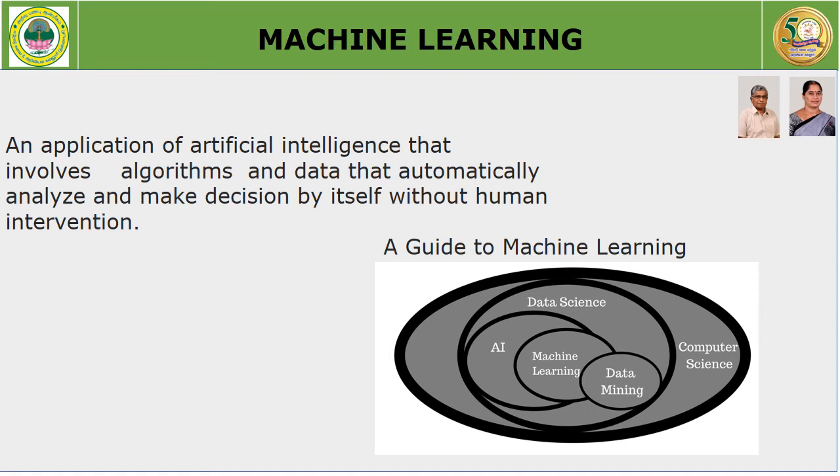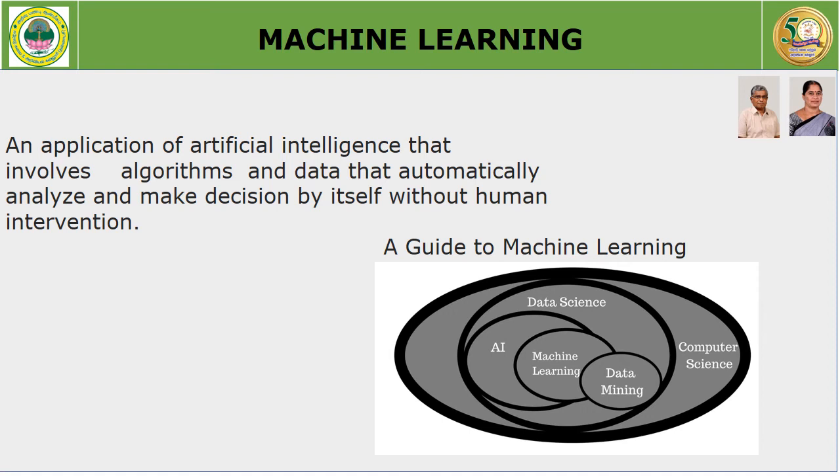Let us see the difference between machine learning and artificial intelligence. Artificial intelligence is a concept of creating intelligent machines that simulate human behavior, whereas machine learning is a subset of artificial intelligence that allows machines to learn from data without being explicitly programmed.